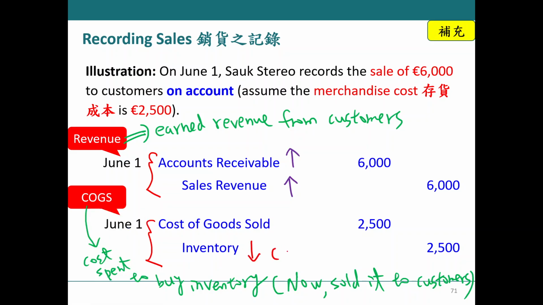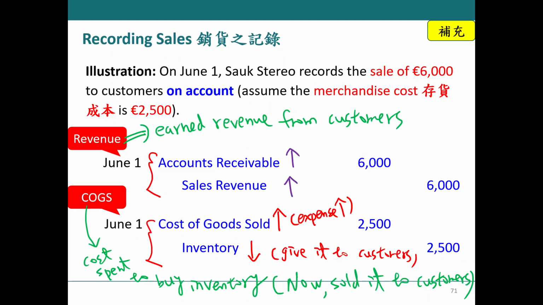Why? Because you give it to customers. Okay, at the same time, cost of goods sold, your expenses increase. Any questions? So two things. First about revenue. Second about cost of goods sold, your first expense.